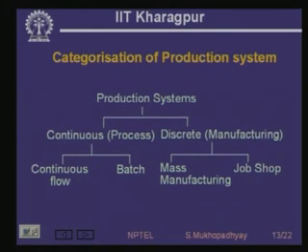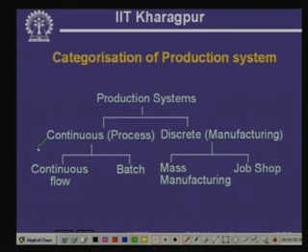Now let's look at the kinds of production systems that typically exist, a broad categorization of production systems. Typically, production systems are categorized broadly into continuous manufacturing and discrete manufacturing.